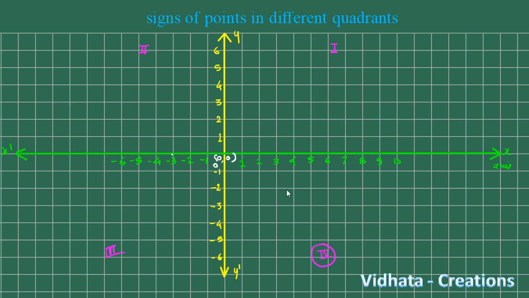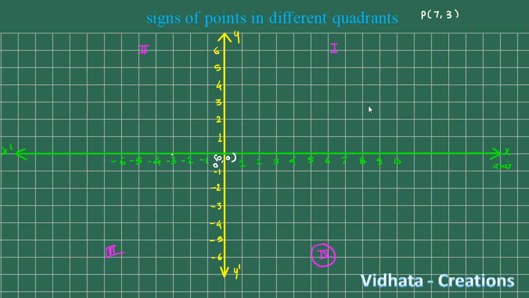Now let us take one point in each quadrant and let us see what type of signs we get in different quadrants. For that, first of all, I will take one point anywhere in the first quadrant. Suppose I take the point P whose coordinates are 7, 3.